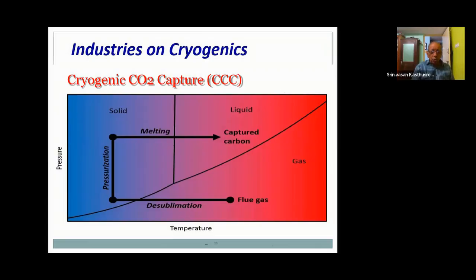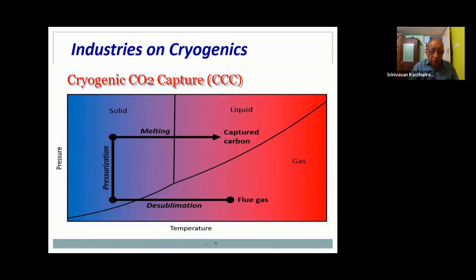This is an indication of what exactly is being done. We start with the flue gas at this point. Now you desublimate. When you desublimate, you go from the gas state to the solid state. Sublimation is from the solid state to the gas state, where you have to add heat.